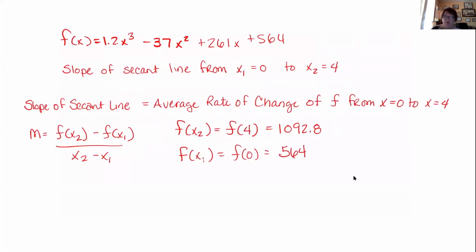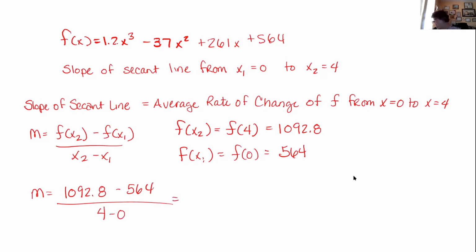Okay, so now I'm going to carry out this calculation. So the slope of the secant line is the change in the y values, which I found, the 1092.8 minus the 564, over the change in x, which was what, 4 minus 0?